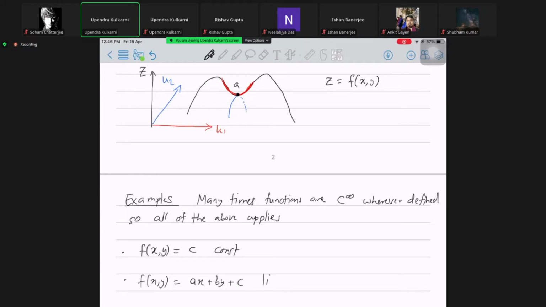So what happens in these cases? What happens in the first case? Well, all the derivatives are zero. So everything is a critical point. What about the Hessian? The Hessian is the zero matrix. Everything is zero, right?